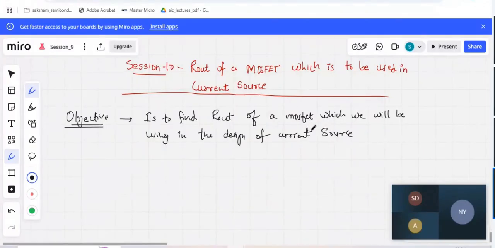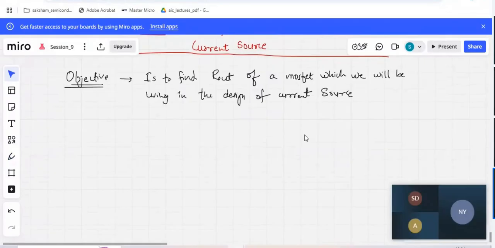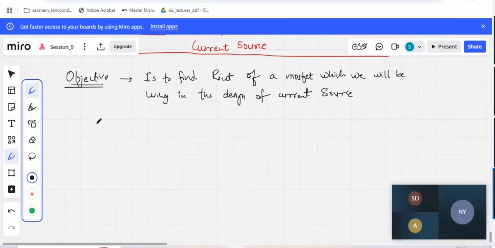Okay. So basically we'll try to figure out that output resistance. Now in order to find out the output resistance, there is some procedure involved. But before that, let me just give you small inputs on how we calculate the resistance.